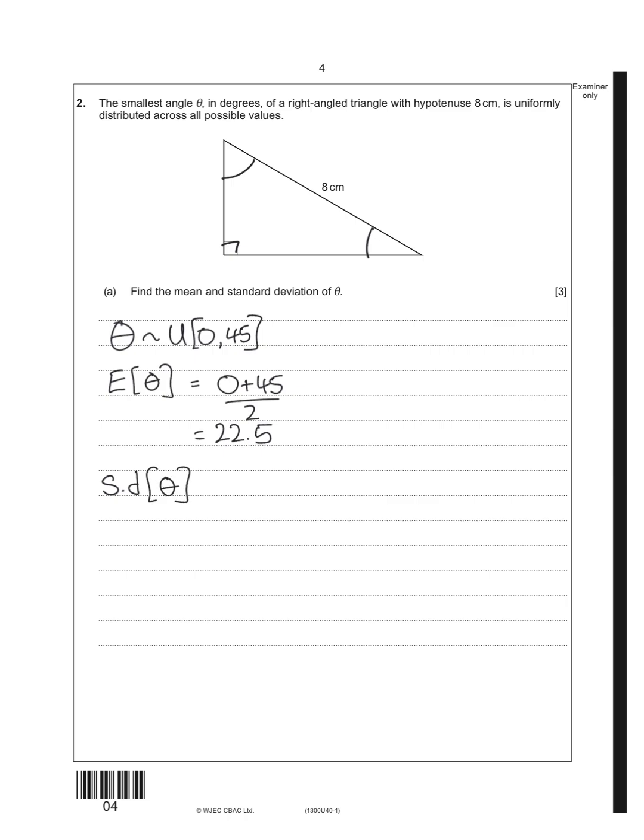Well, you're going to find the variance and then square root it. And remember, the variance is the difference between the upper limit and the lower limit squared, divided by 12. And then because we want standard deviation, we're going to square root that. So that's going to be 45 over root 12.